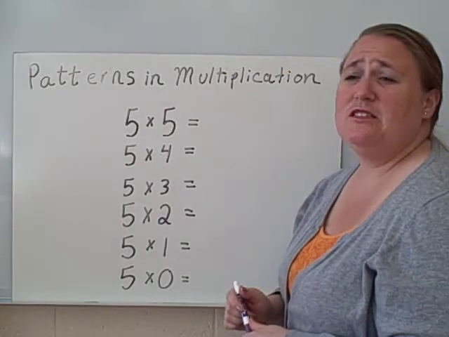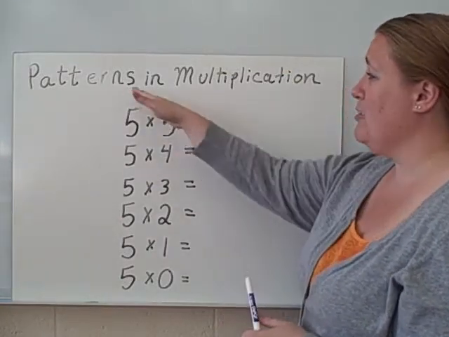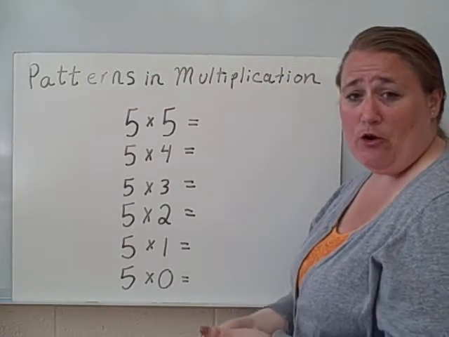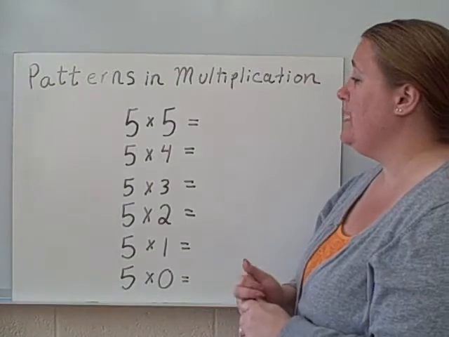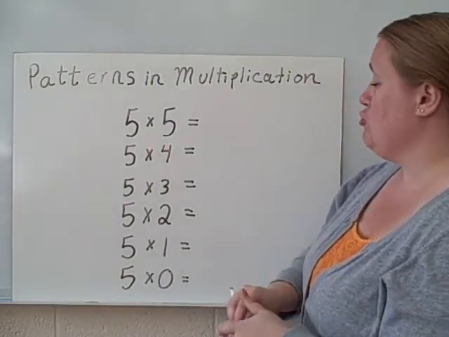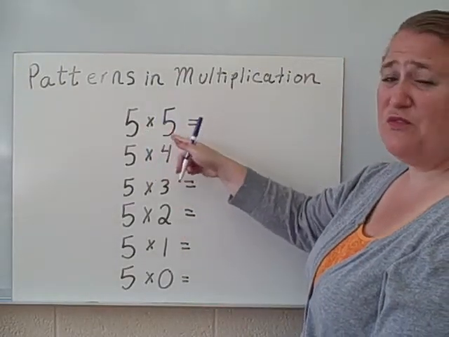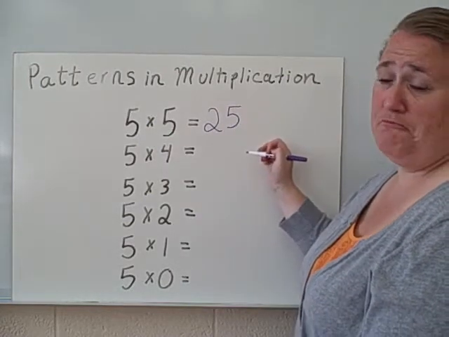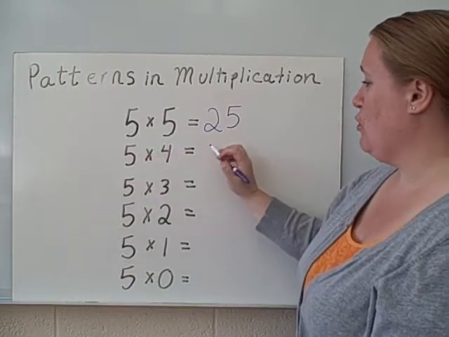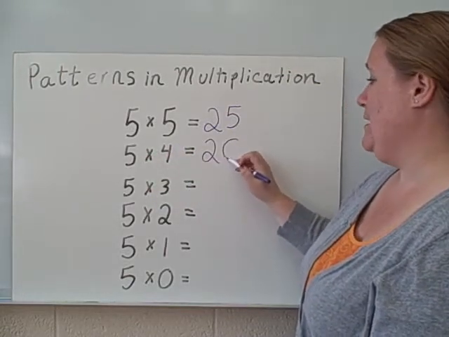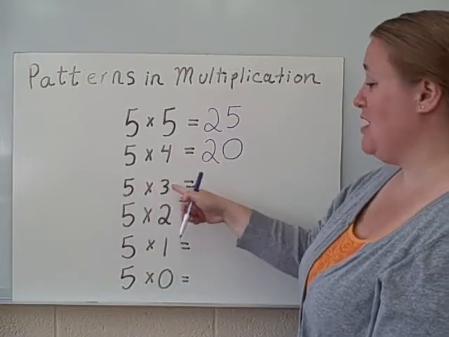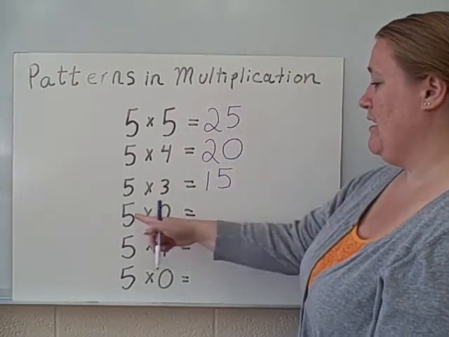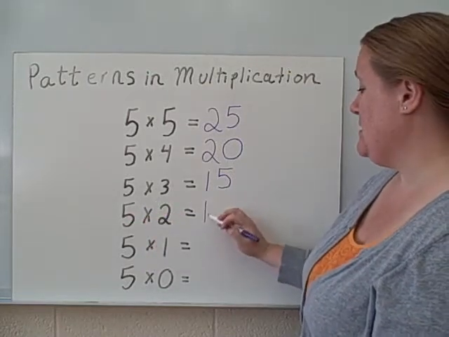You're also going to do some work with patterns in multiplication. So we're going to start this pattern, and you're going to continue it a little bit later on your own in your groups. So 5 times 5 is 25. 5 times 4 is 20. 5 times 3 is 15. 5 times 2 is 10.